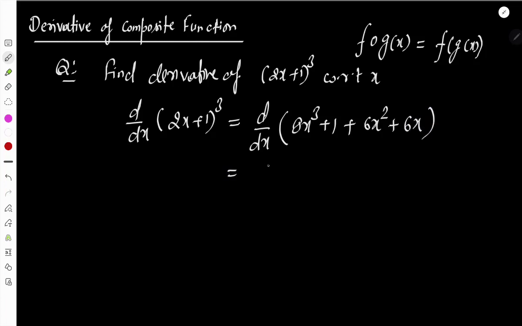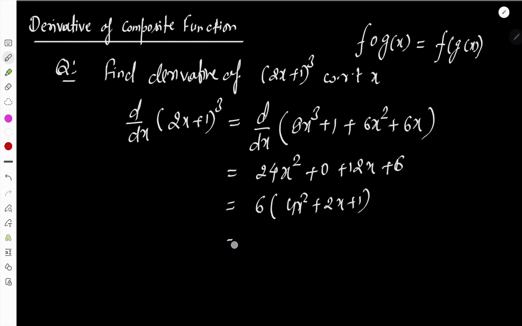After that, dy/dx of 8x cube: 8 outside, x cube derivative 3x square, means 24x square, plus 12x plus 6. From here, 6 we can take common, so it is nothing but 6 times (4x square plus 2x plus 1). So if you see, then it is 6 times (2x plus 1) whole square.